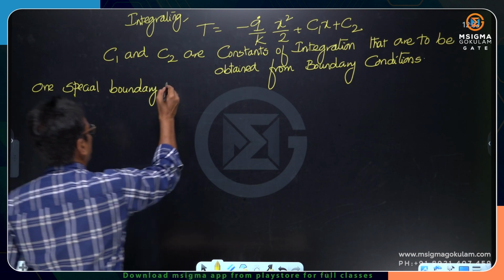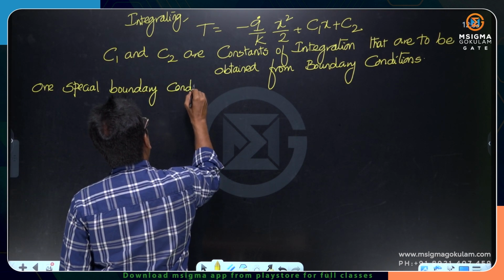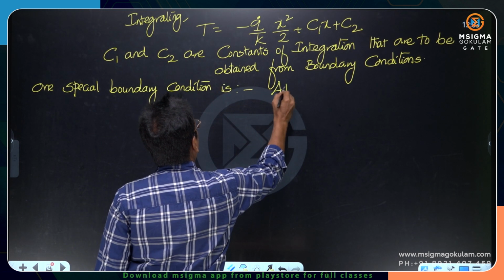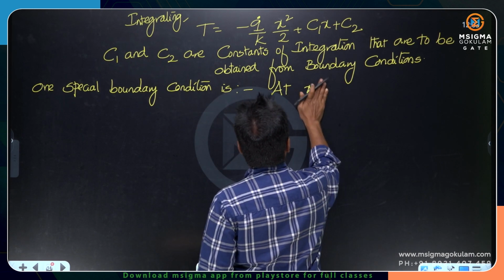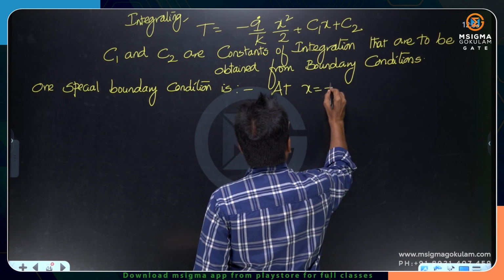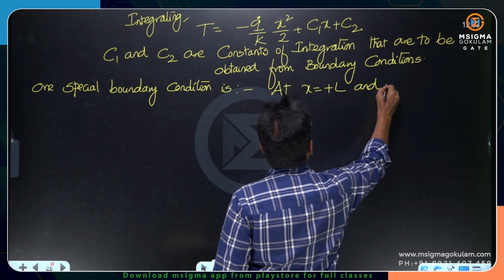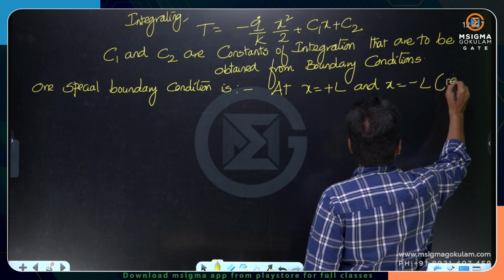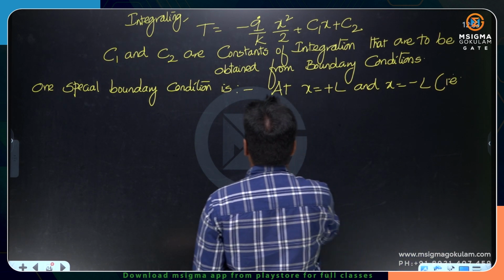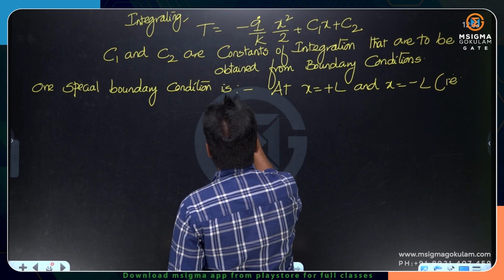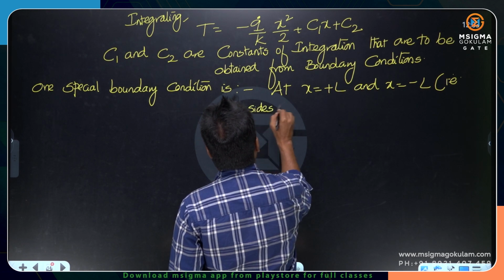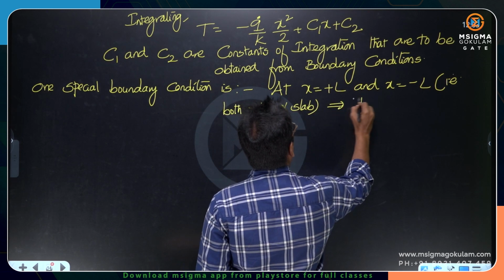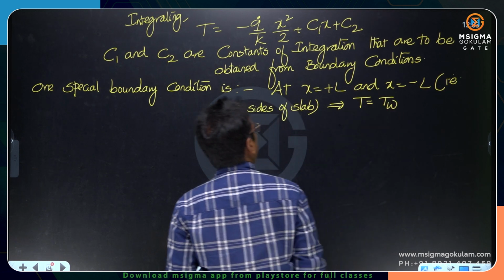One special boundary condition is at x equal to plus L and x equal to minus L, that is both sides of the slab, T is equal to Tw, the same temperature.